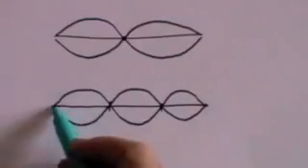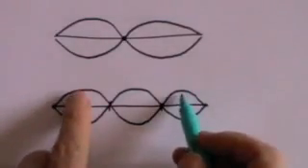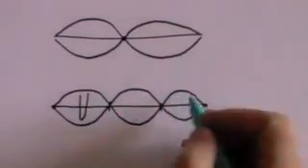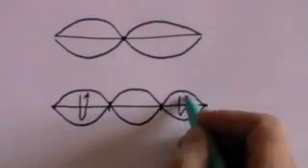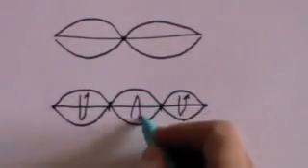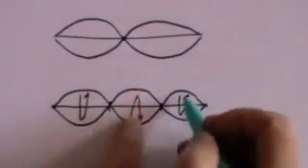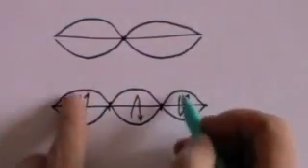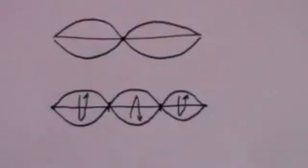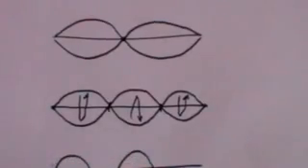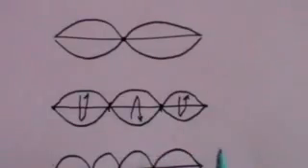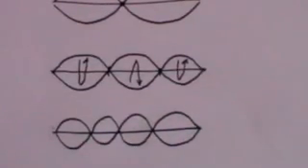These points are fixed, and the wave here, these two parts go down and up. This part goes up and down. So this is going like this, and these two are going in sync. And of course you can have as many resonances as you like. There might be a fourth harmonic that looks like this.